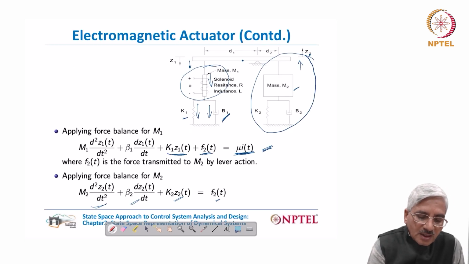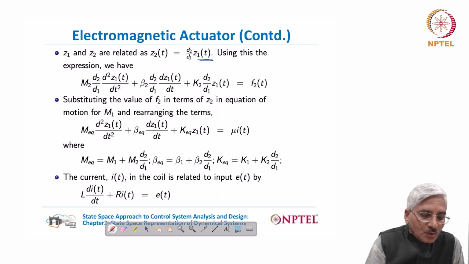In this equation, F2 can be substituted from there. So we obtain M equivalent d2z1 by dt square plus beta equivalent dz1 by dt plus k equivalent z1 equal to mu into I.